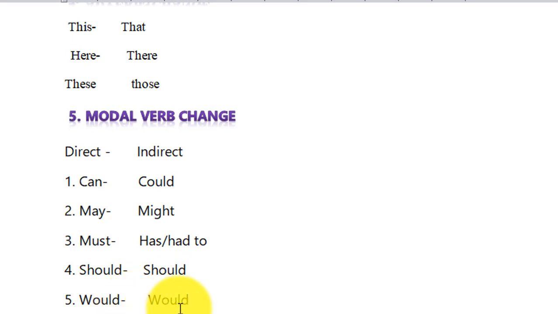Some modal verbs do not change their form, but some must be changed, especially "can", "may" and "must". These change; if they are not changed, we have not reported them.